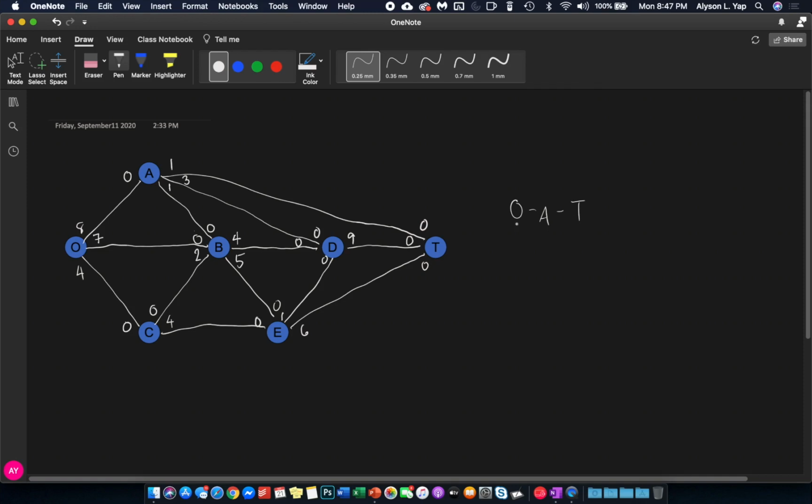Because the residual capacity from O to A is 8, and the residual capacity from A to T is 1. And every residual capacity is strictly positive. And therefore, this is an augmenting path. Okay?